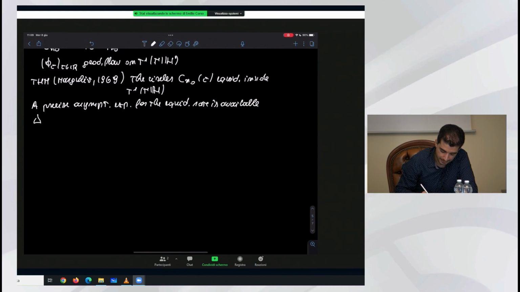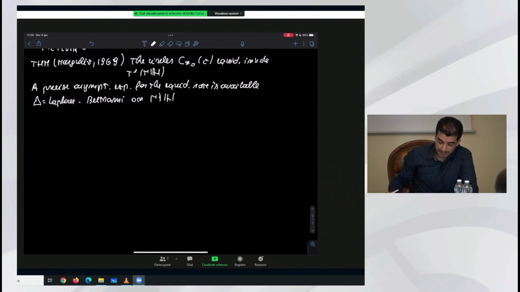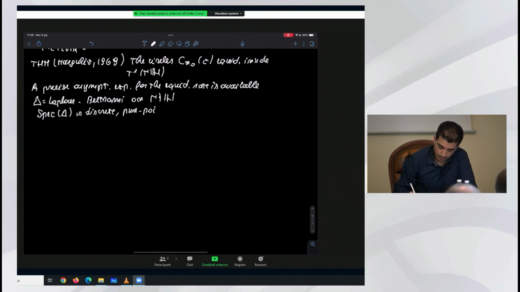So let delta be the Laplace-Beltrami operator on my underlying surface gamma mod H. As is well known, since the space is compact, the spectrum of the Laplace-Beltrami operator is discrete, pure point, consists only of eigenvalues. The only accumulation point is at infinity.